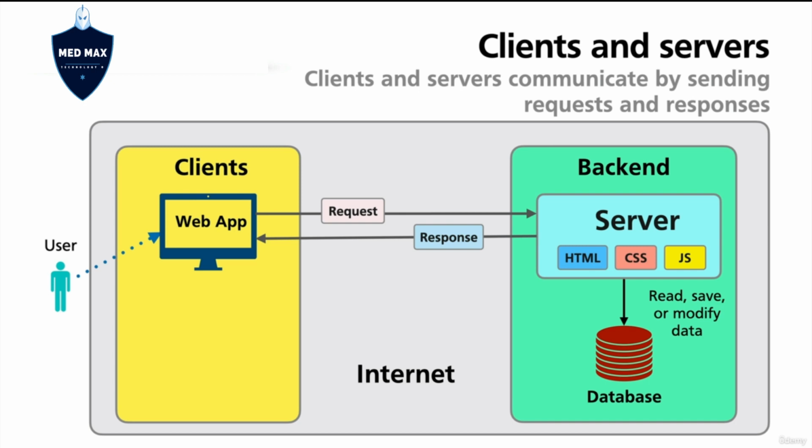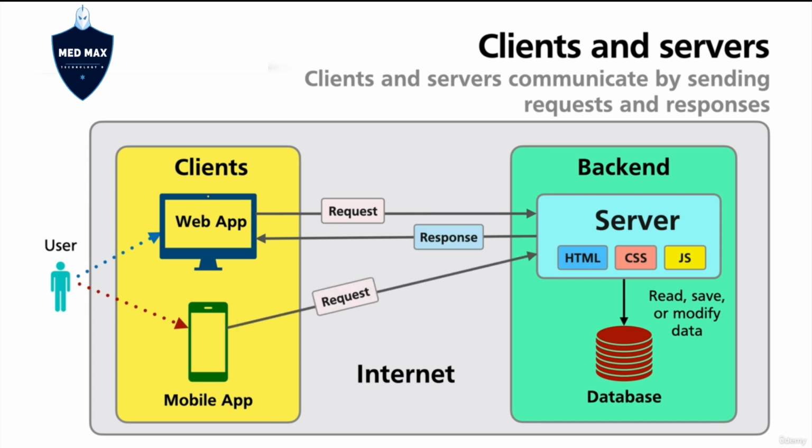But now the same user could grab the phone and launch one of the mobile apps, and the mobile app will also initiate a request to the same or another server, for example, checking whether there are new email messages or retrieving an update for the weather forecast app.